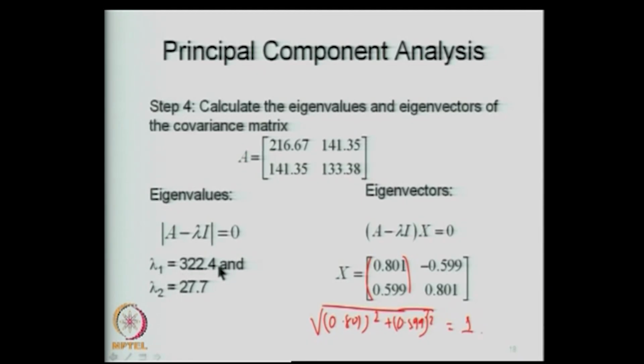So, lambda 1 is equal to 322.4 and lambda 2 is equal to 27.7. You obtain the eigenvalues, go to the eigenvector equation, A minus lambda I times x is equal to 0. From this you get x, because lambda is given. So, first you put lambda 1 is equal to 322.4, you will get one eigenvector, and with lambda 2 is equal to 27.7 you get the other eigenvector, and you form the matrix of eigenvectors. And these eigenvectors are unit vectors.